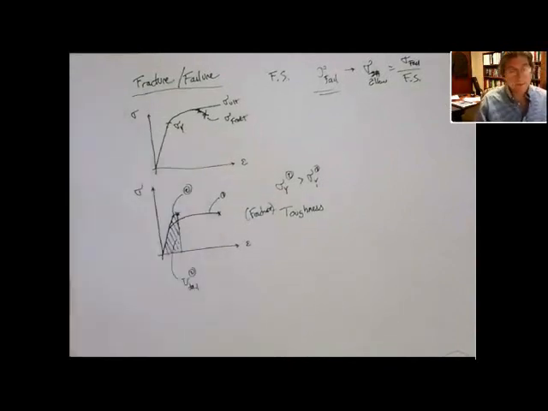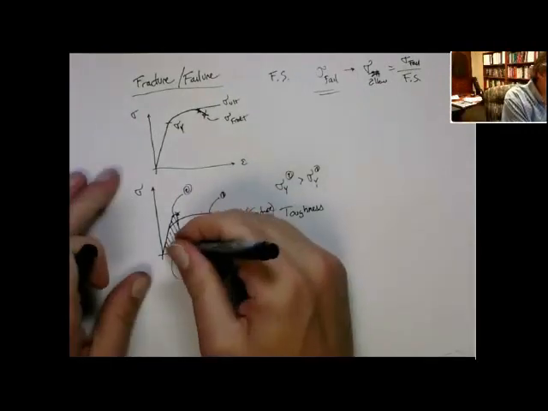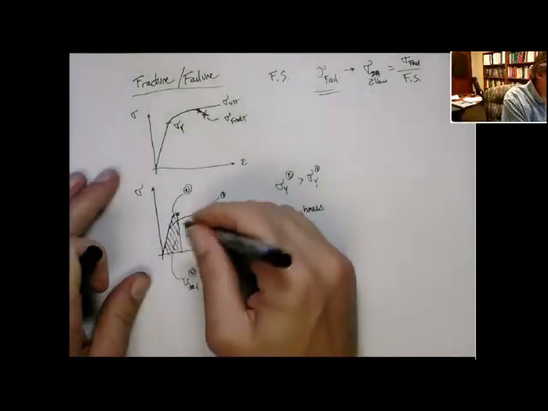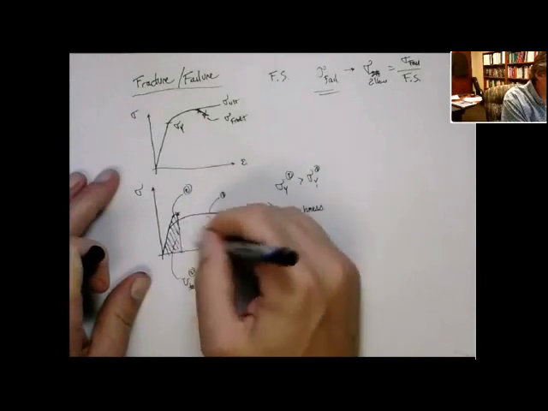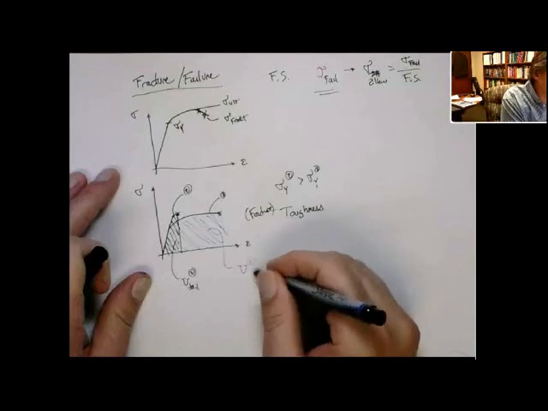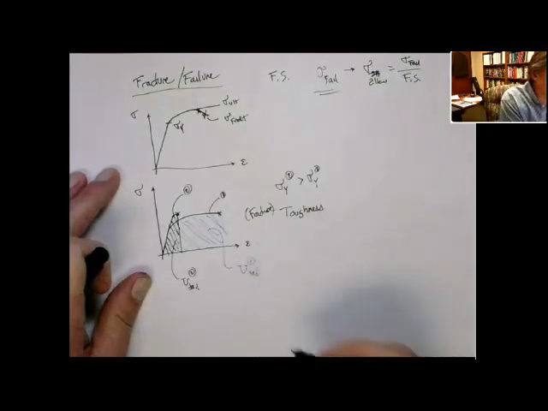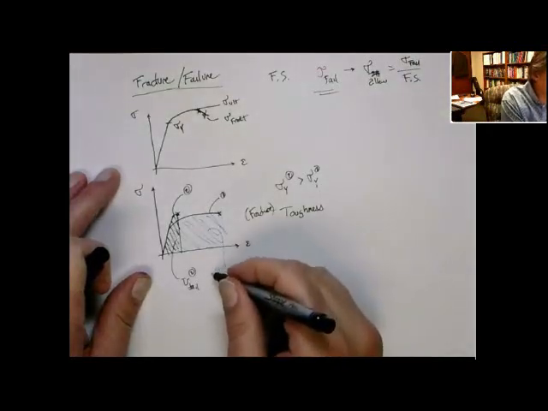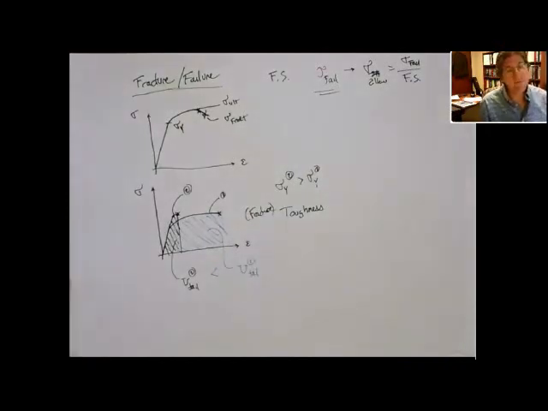Now material 1 is quite a different situation. Because it has this big plastic region, the amount of energy that material 1 can absorb until it fails is much greater than that for system 2.